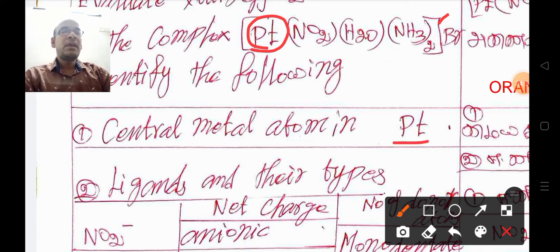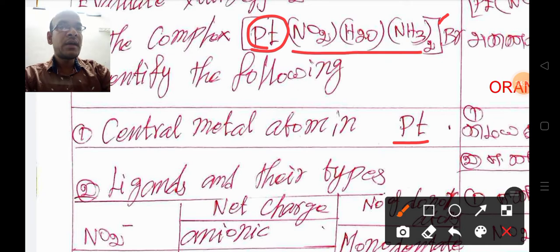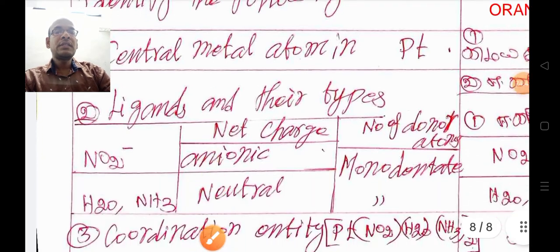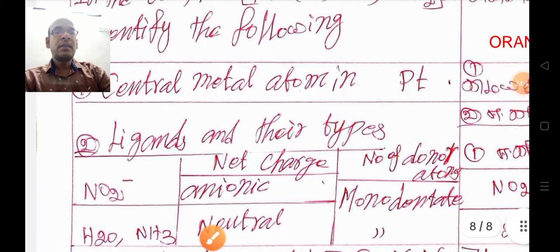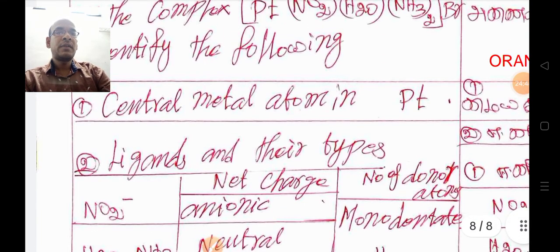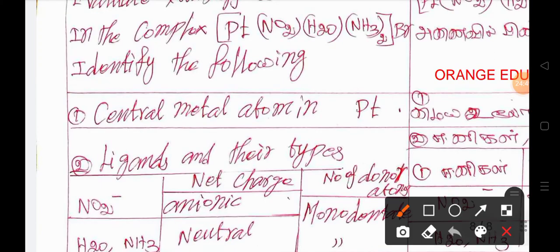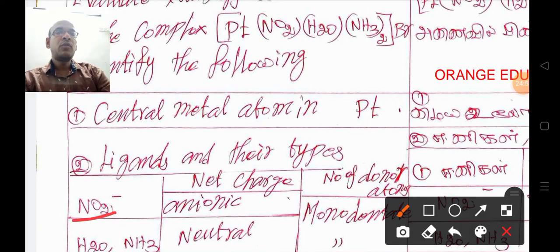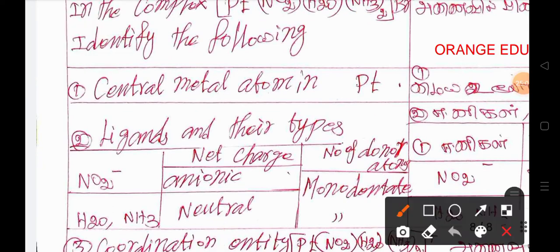Others are called the ligands. Therefore the ligands are NO2, H2O, NH3. It has 3 ligands, NO2, H2O, NH3.